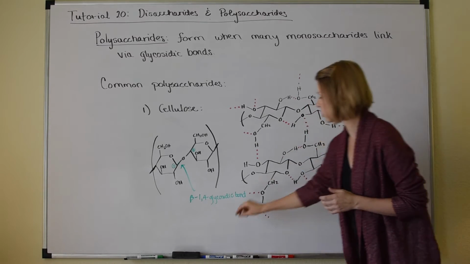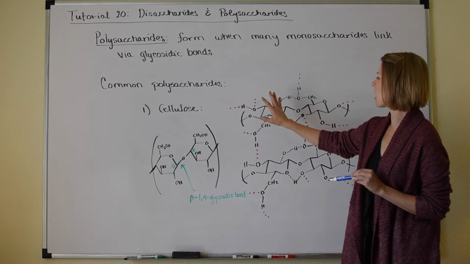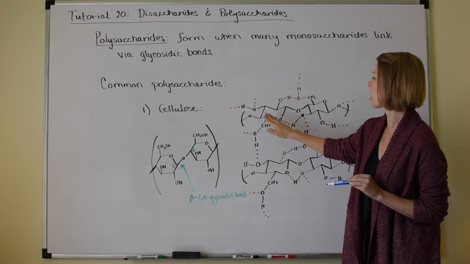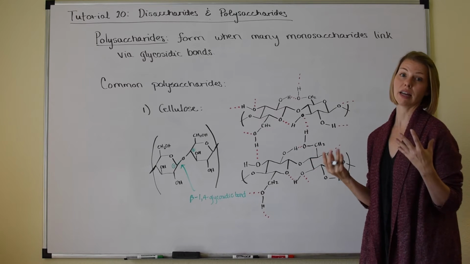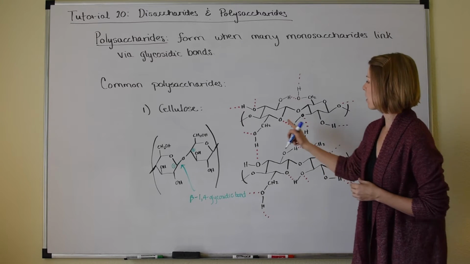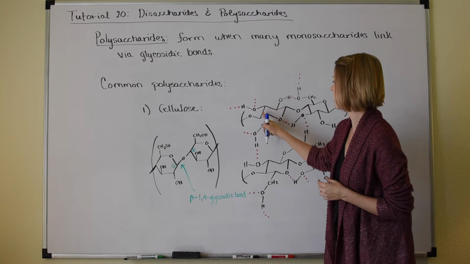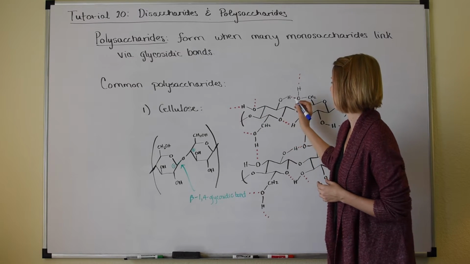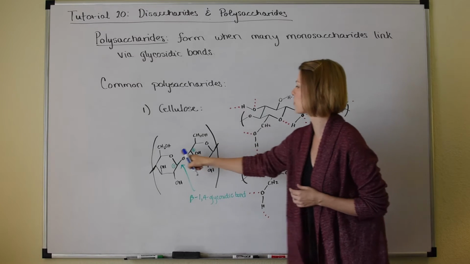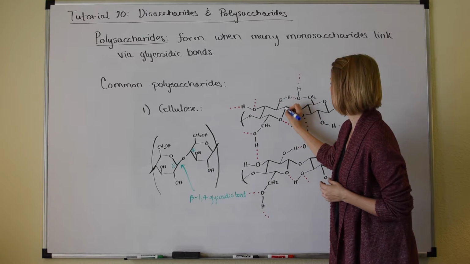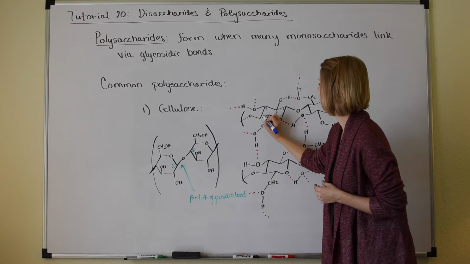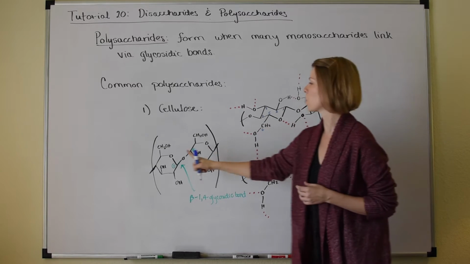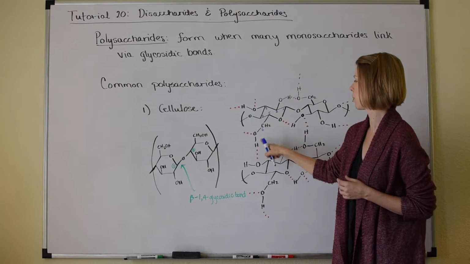Okay, so let me help you understand these individual glucose monomers in what's called this chair configuration that we've drawn them here, which is more like how they actually exist. All right, so we've got a glucose ring here. Let's number it. Okay, so here's the oxygen from the ring, and this is carbon 1, 2, 3, 4, 5, and then here's carbon 6, the one that goes out of the ring, the CH2OH.